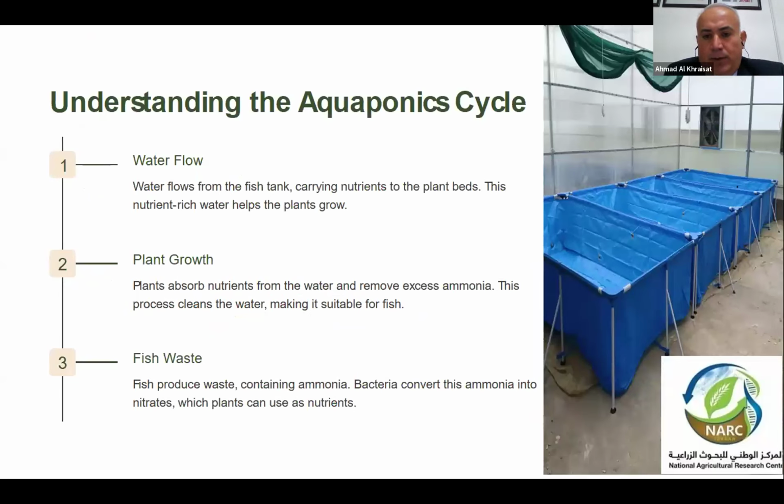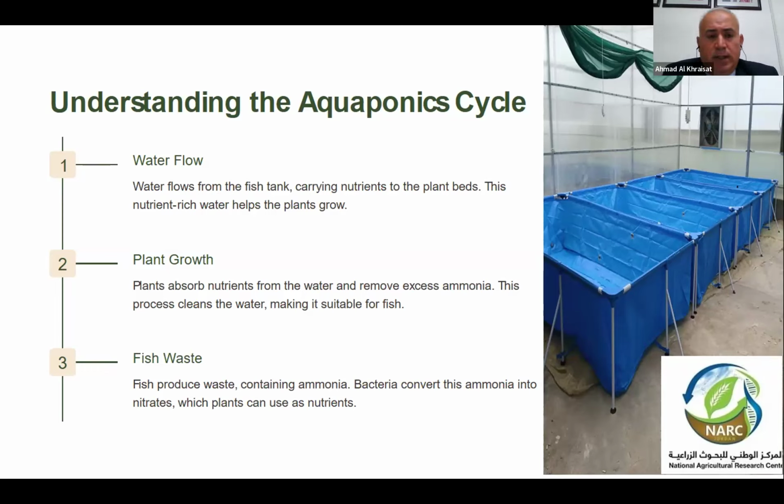What is the aquaponics cycle? The aquaponics cycle has 3 steps we should know to start working. If we understand these principles, that means we can succeed with the system, and we can put in many things to make these systems efficient.